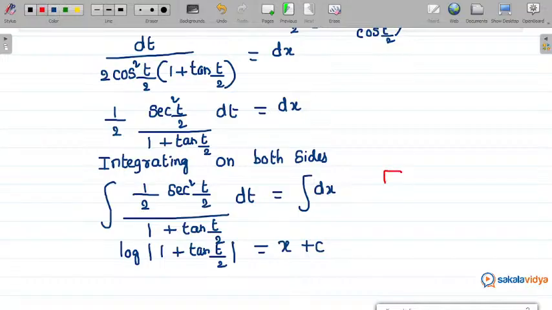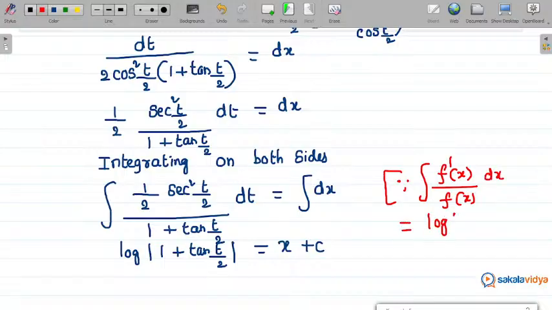Once again, the integral of f dash x by f of x dx is one of the beautiful general formulae from integration: log mod f of x plus c. Clear?